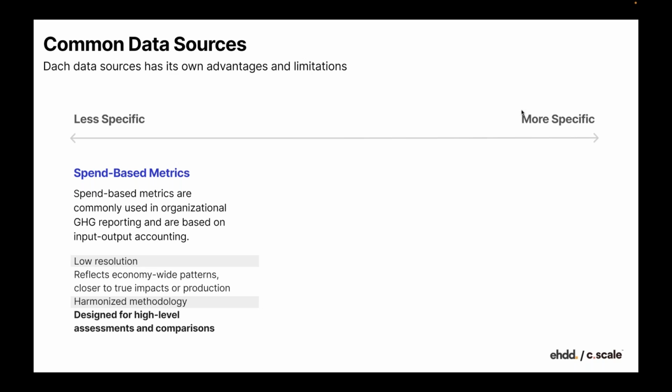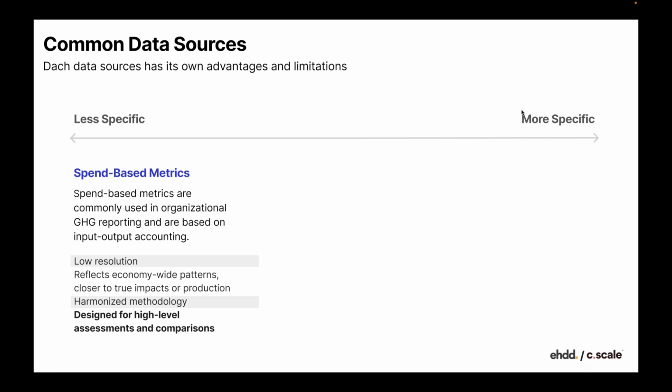This data gets a bad rap sometimes because it is very low resolution, but it's really good at some things. You can ask big questions quickly. It's really comparable across the whole economy, is the power it has. And most importantly, these spend-based metrics do a better job describing variability in these industries than process-based analyses do.